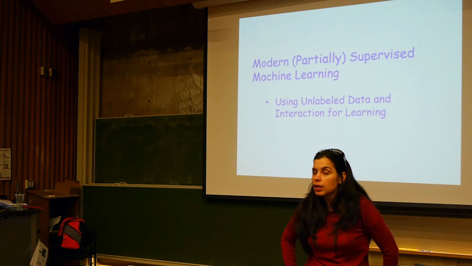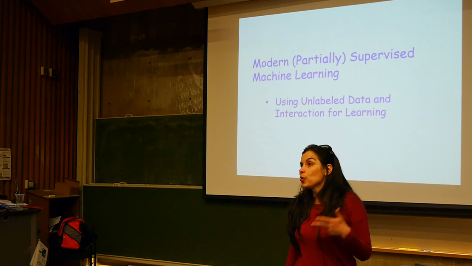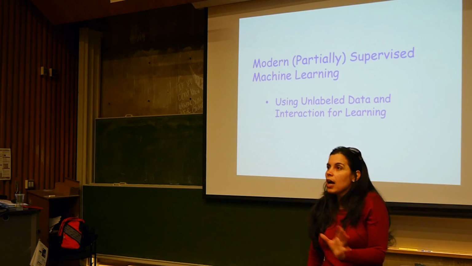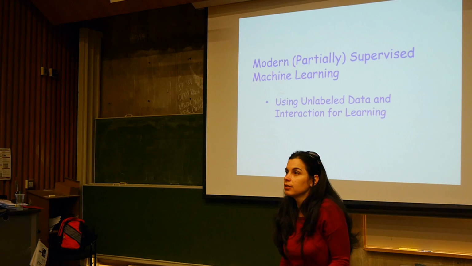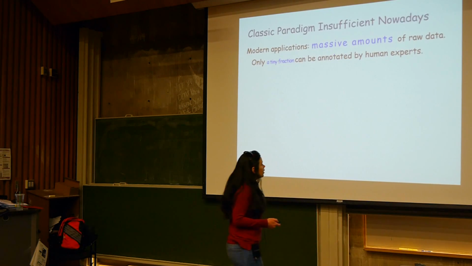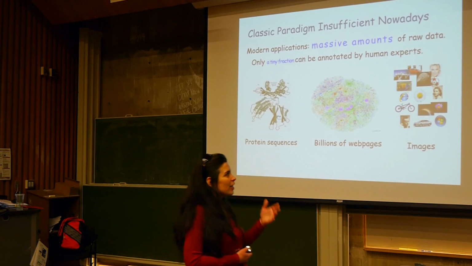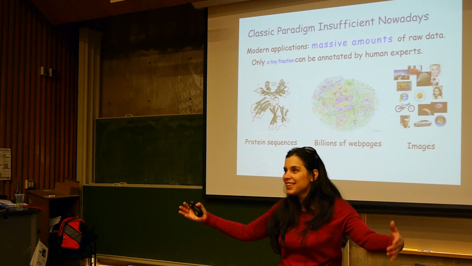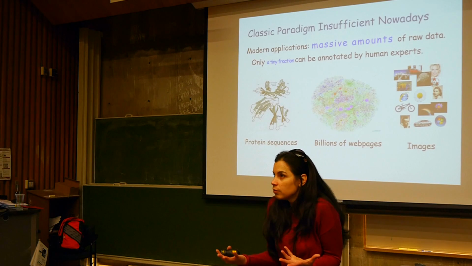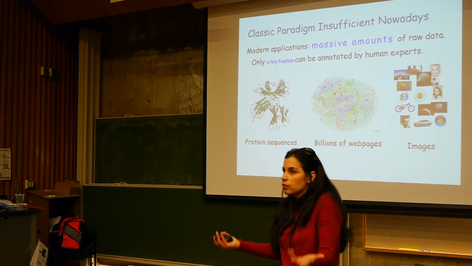Most of the algorithms we talked about, like logistic regression, AdaBoost or SVM, operate under the assumption that some human sits down and labels all the data available for training. Now obviously in modern machine learning that's really impossible, because most applications have such massive amounts of data that labeling or annotating it all is basically impossible. It's expensive and nearly impossible, so humans can annotate only a tiny fraction of it.